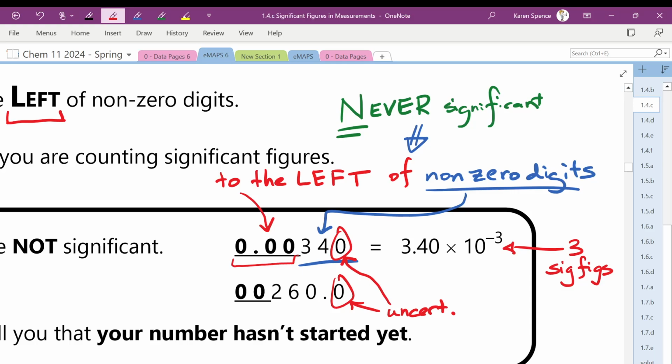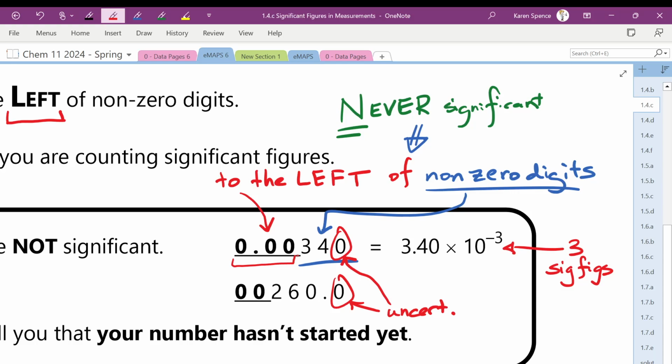Now, once again, I have zeros that are to the left of non-zero digits. So are these significant zeros? No. So I say not significant, and now I have significant. And once I start counting significant digits, I don't stop until I hit my uncertain digit. Okay?